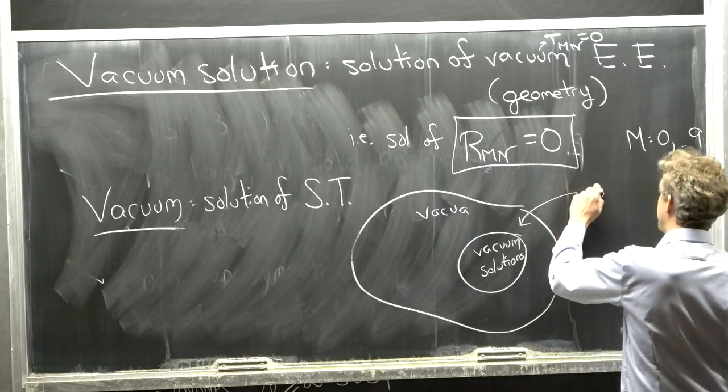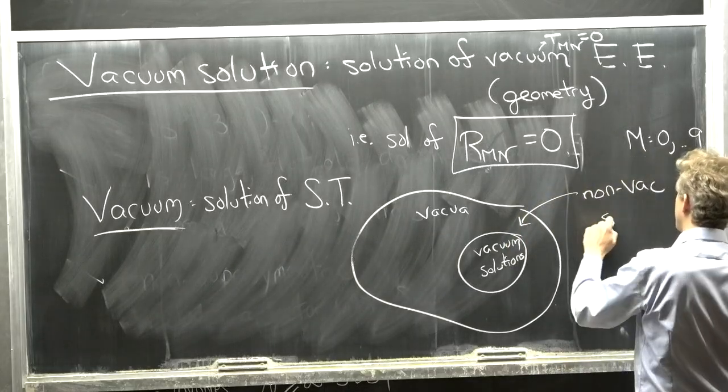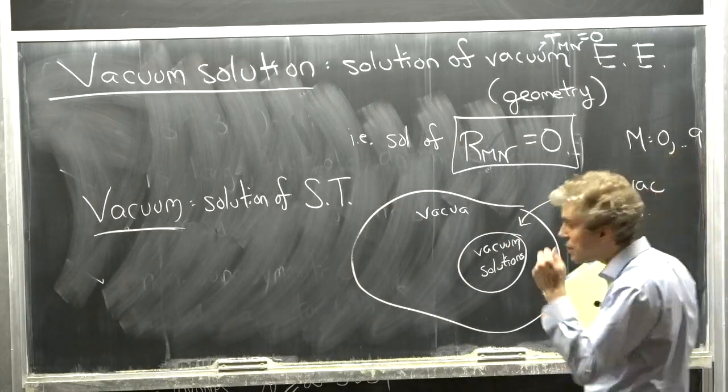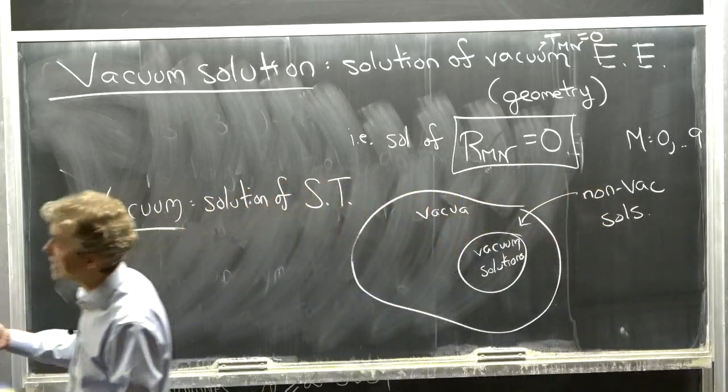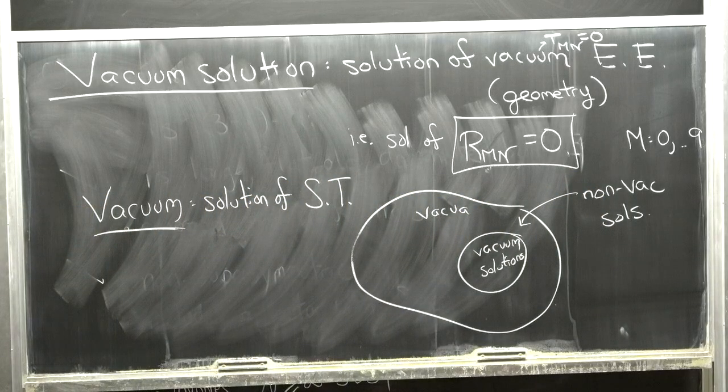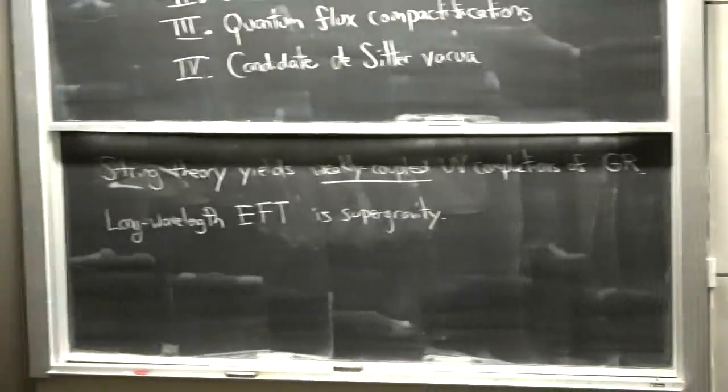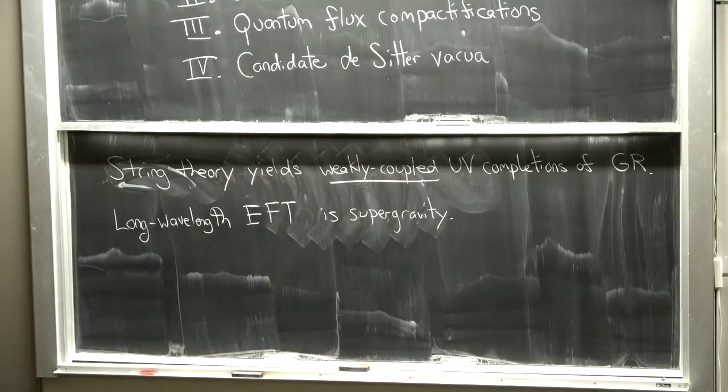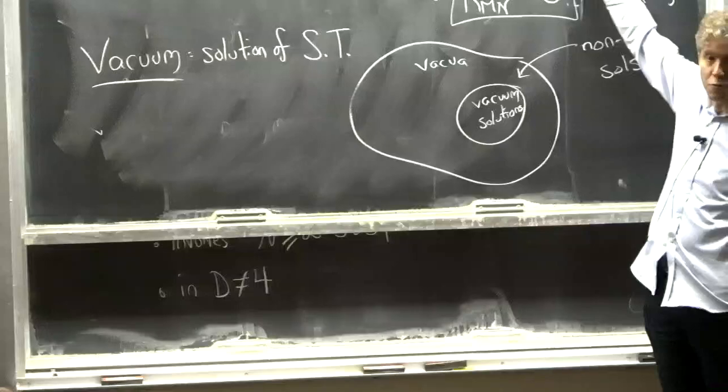These are non-vacuum solutions. And that's what these lectures are about actually after today. So today is about vacuum solutions. Lectures 2, 3, and 4 are about non-vacuum solutions, specifically flux compactifications, in which the stress energy gets contributions from some p-form fields that I'll tell you about.